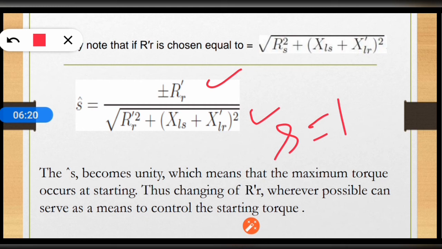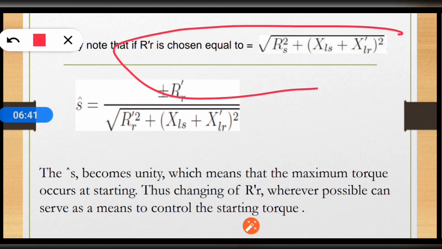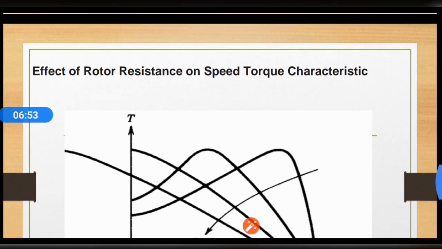The slip becomes 1 when n is 0, which is the starting condition of the machine, so this is the starting torque. If we increase the rotor resistance such that it becomes equal to this expression, then slip becomes 1 and at starting we get the maximum value of the torque. This is shown by the torque slip characteristic here.